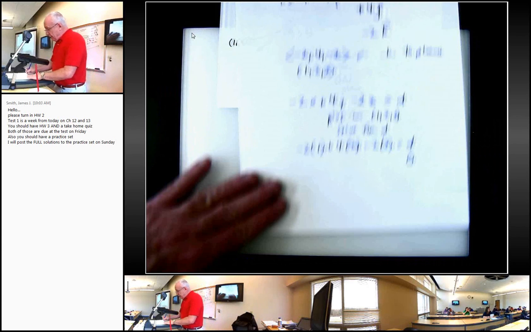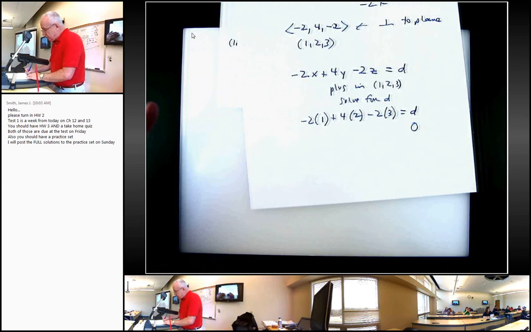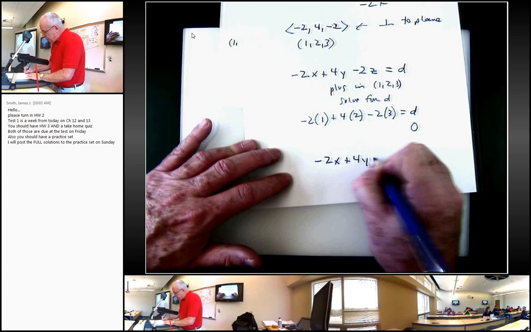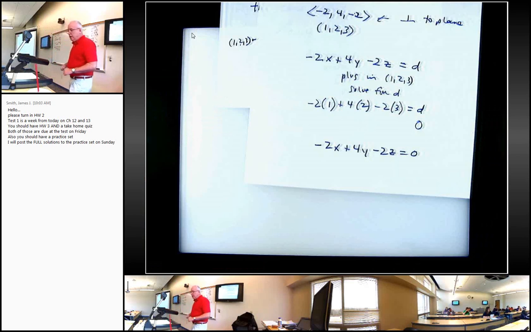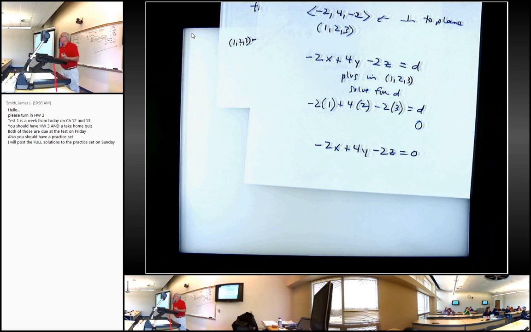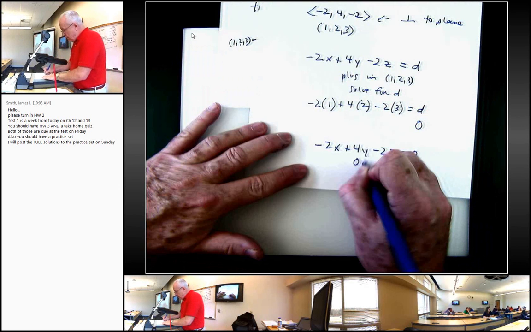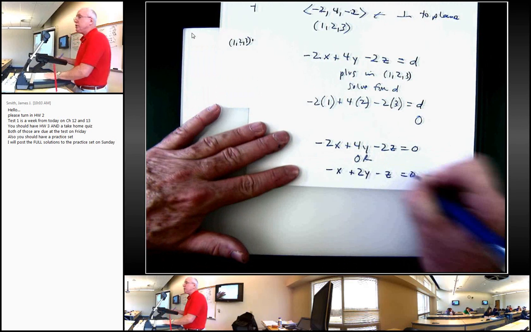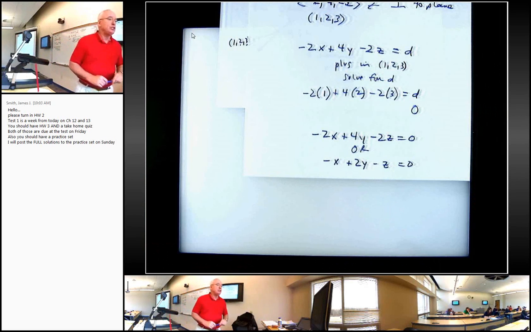So therefore my final answer is minus 2x plus 4y minus 2z equals 0. Or, what can I do to everything in that equation? I can divide by 2, or minus x plus 2y minus z equals 0. And that's the equation of my plane.